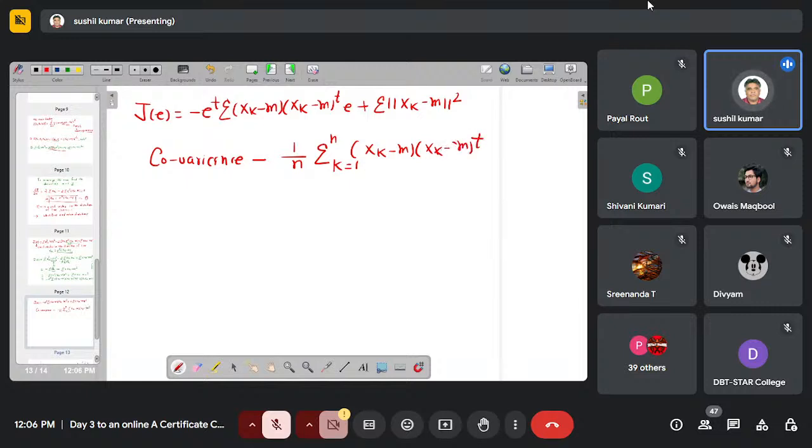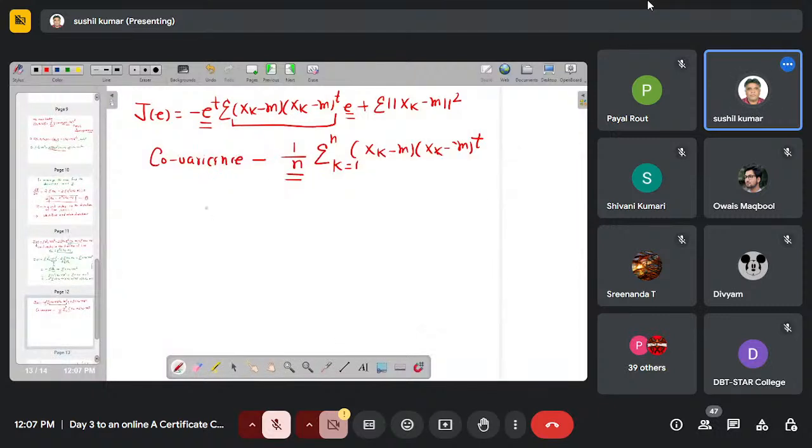This I told you in the start. Here I don't have the 1 divided by n portion, but the remaining part is almost the same. If I leave this part and this part, this is almost the same as the covariance matrix formula.